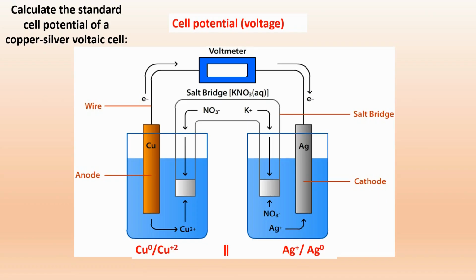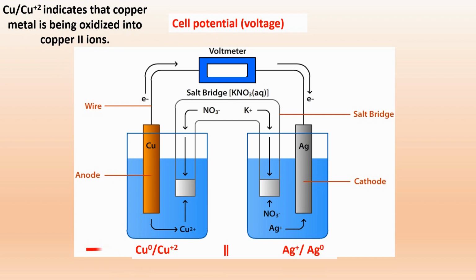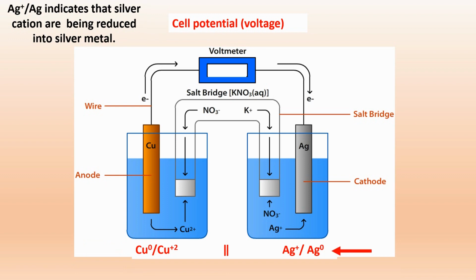Suppose we're asked to calculate the standard cell potential of a copper-silver voltaic cell. The cell notation indicates what's happening in each half cell, where Cu/Cu2+ indicates that the copper metal is being oxidized into copper 2+ cations at the anode, and Ag+/Ag indicates that silver cation is being reduced into silver metal at the cathode.